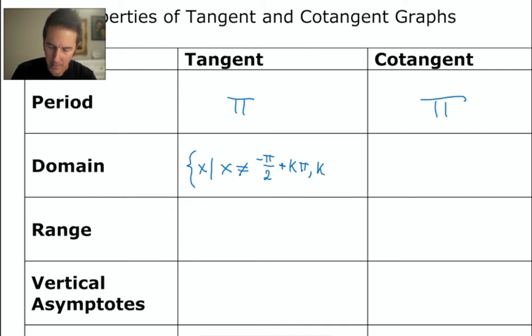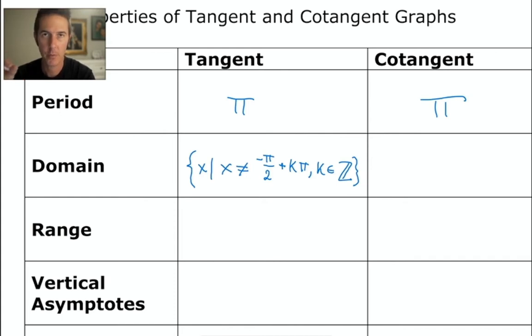And k is a member of the set of integers. How's that for fancy? So again, it's the set of x values such that x does not equal negative pi over 2 plus k pi, where k is an integer.